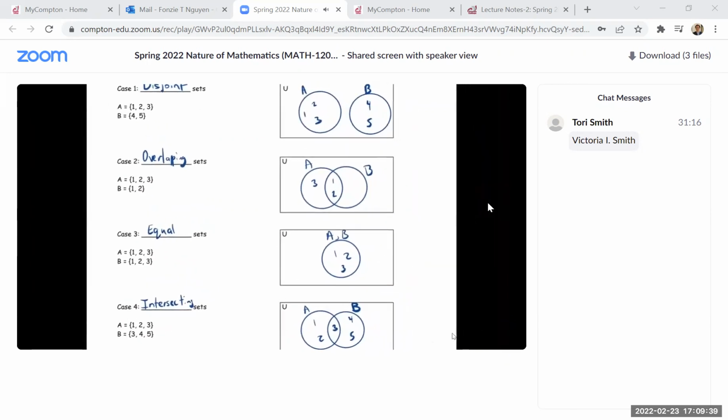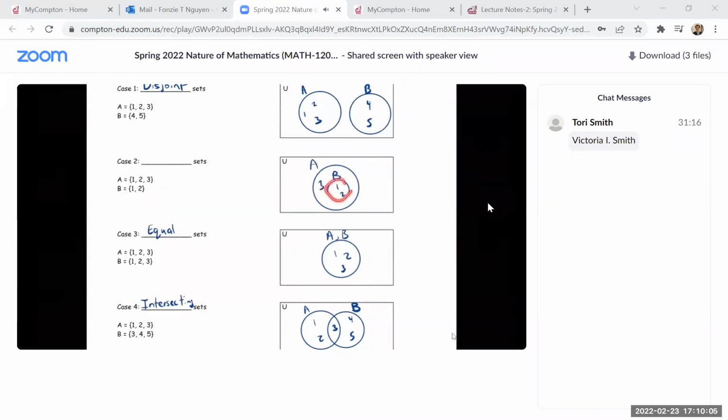I think I messed up on the overlapping one. The overlapping one should have been, let's draw this one. See how B is contained in A? B is contained inside of it, because the 1 and the 2 are in here, and then the 3 is over here.